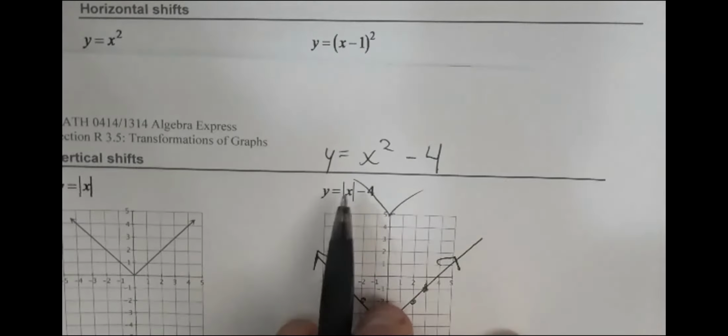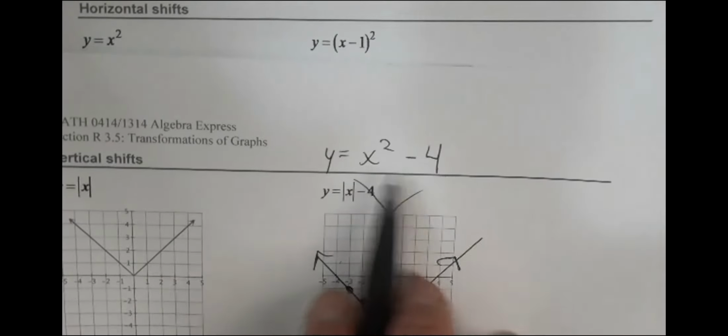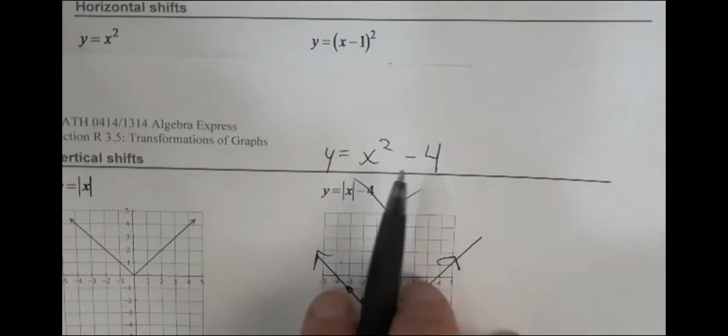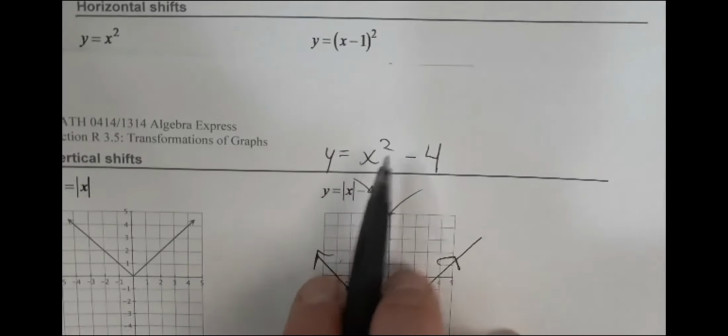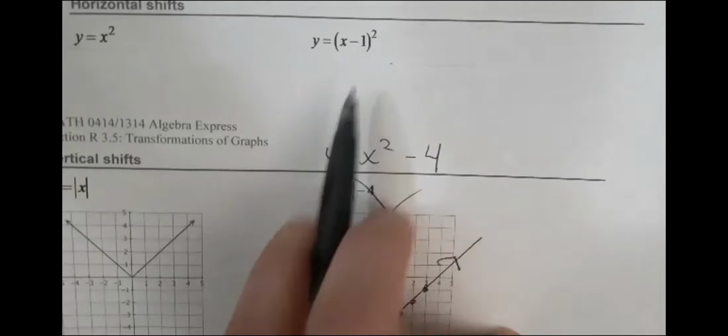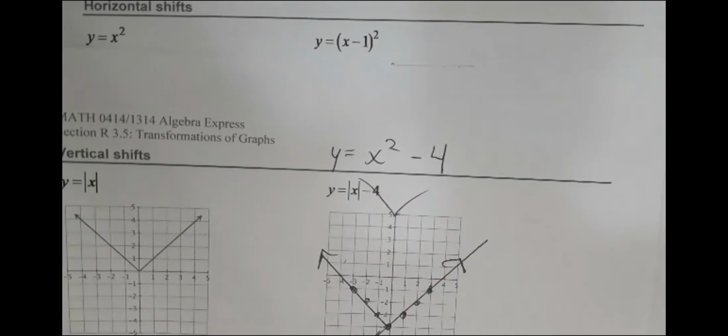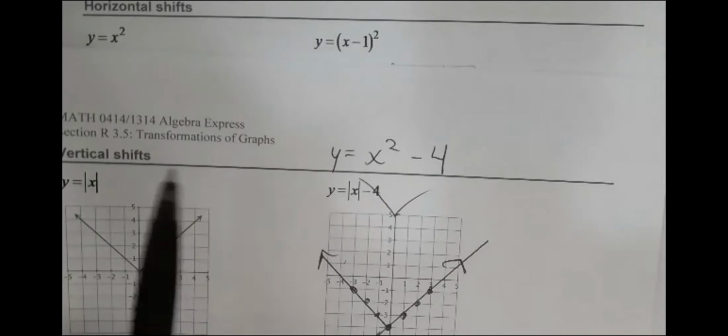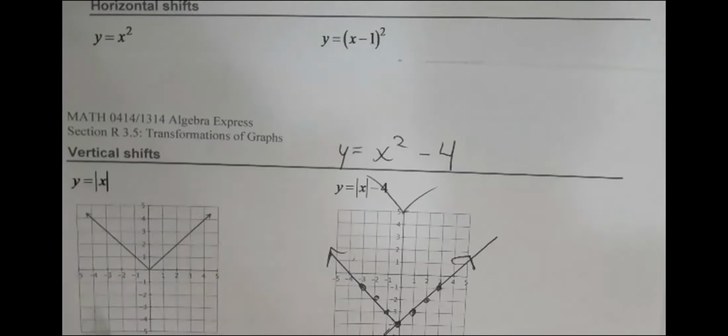So we're looking at whether this thing is inside the function or outside. This minus 4 is outside my square. Here, the minus 1 is inside the square. So we're asking ourselves, is it inside the function or outside the function? If it's happening outside the function, it's going to be a vertical shift.